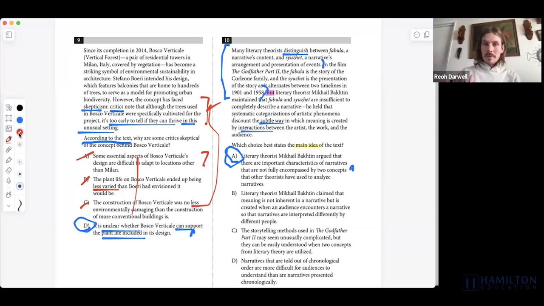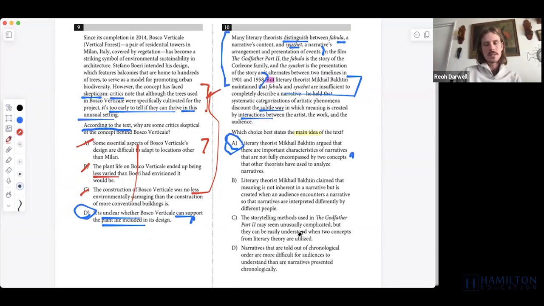So that's exactly what the text does. That's the main idea, all right? We want to make sure that we're not thinking the main idea is that these two things exist, though we do need to know that those two things exist in order to find the main idea, that isn't sufficient. The main idea comes here after that pivot, after that "but." Always be on the lookout for that, right?